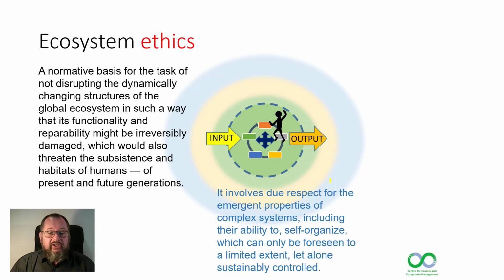An ecosystem ethics would involve due respect for the emergent properties. So what do ecosystems need for properly functioning? What do they need for being able to self-organize and also adapt to changing environmental conditions?